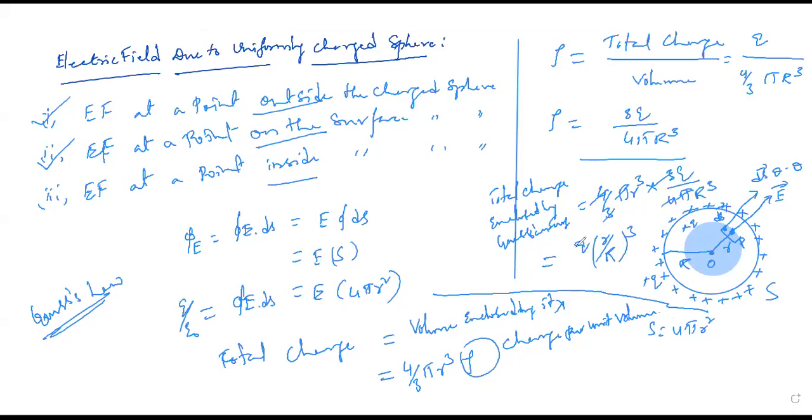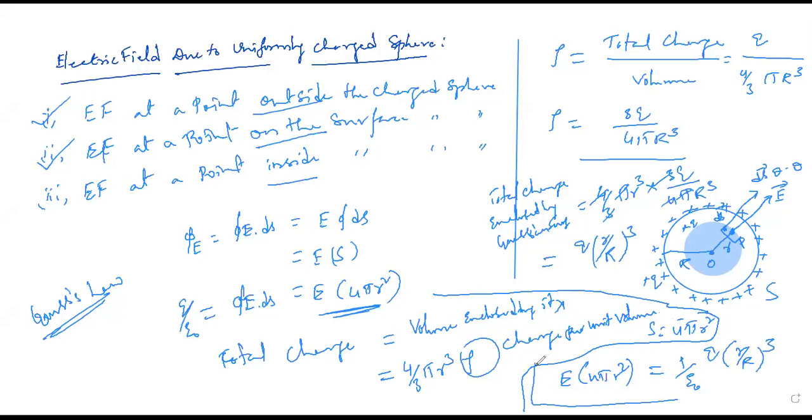So now I'm writing the final step, because in another 1 minute it is going to close. So you just note it down. From Gauss law, we got E into 4 pi r square is equal to 1 by epsilon naught times the total charge enclosed by the Gaussian surface, that is Q into r by capital R whole cube.